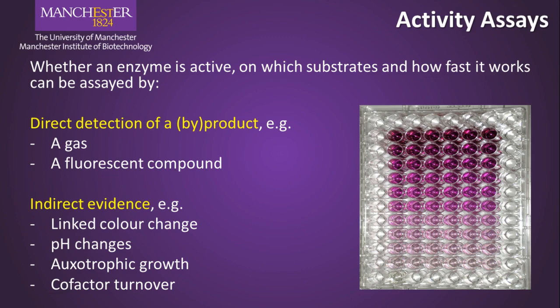Examples of indirect detection include further processing of the product formed, or an enzyme cofactor that might be used to produce a measurable output, a color change or a pH change. An example of a pattern that might be observed with a color change enzyme detection assay, with increasing activity, can be seen on the right.